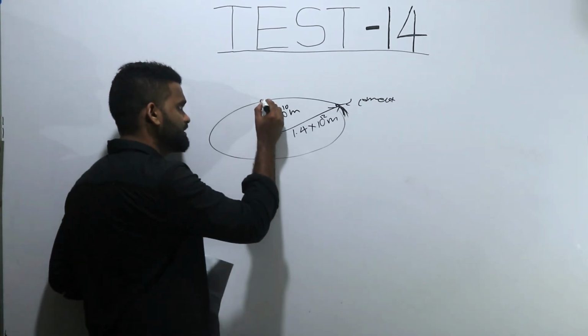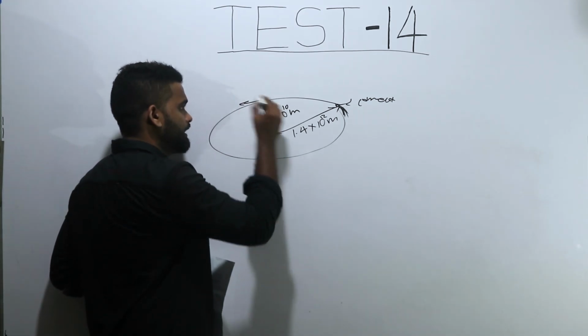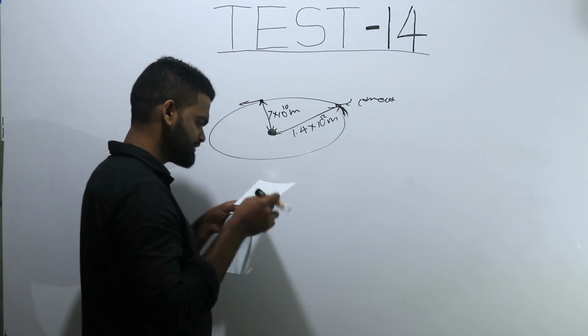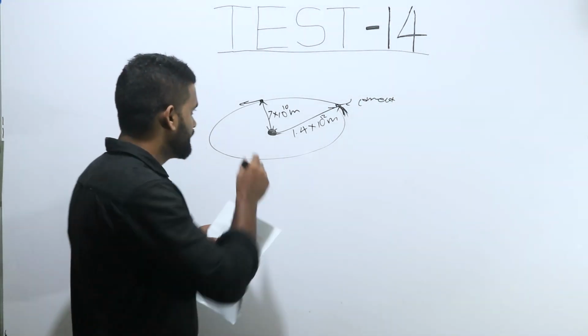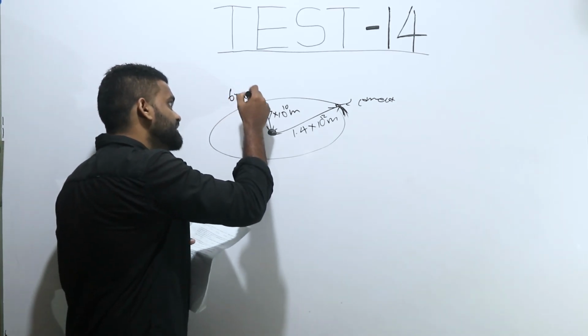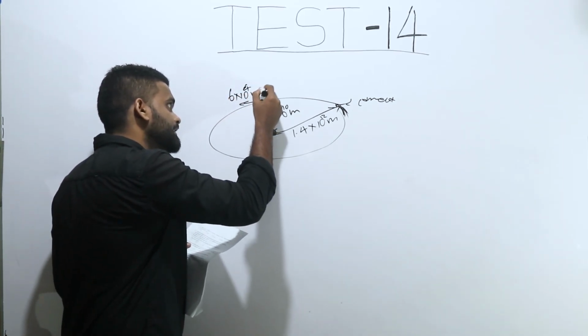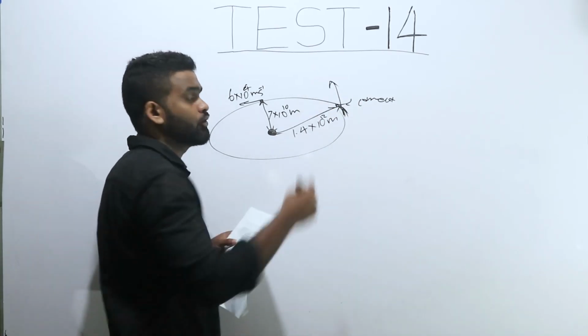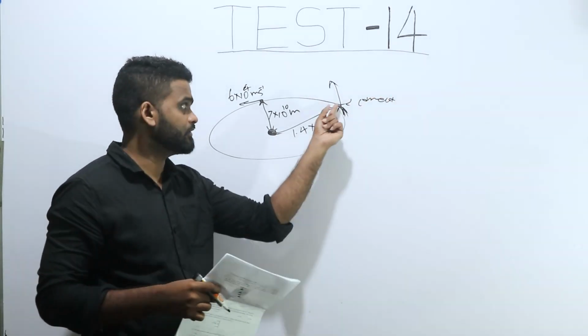So at these moments, the velocity is given, right? When it is closest to the Sun, here, the comet has this velocity in meters per second. What they ask is, what is the velocity of the comet when it is furthest from the Sun? Velocity here.